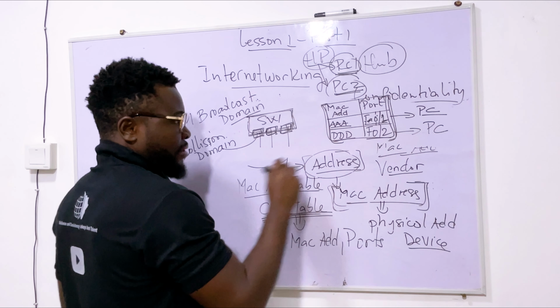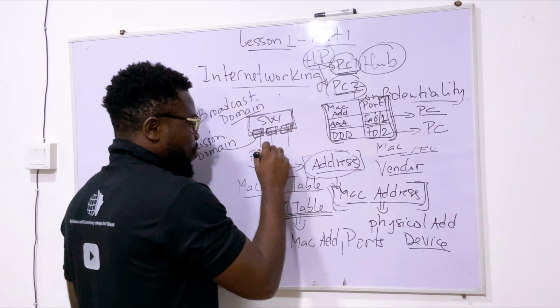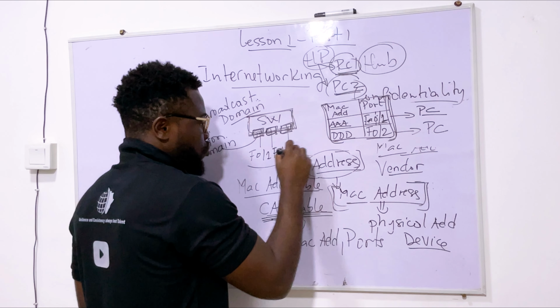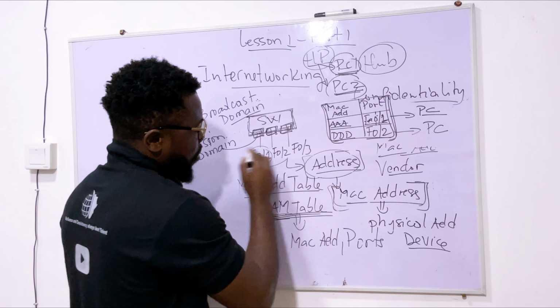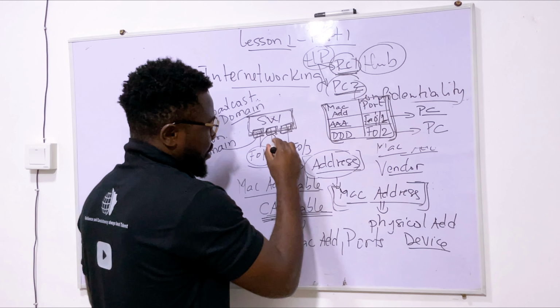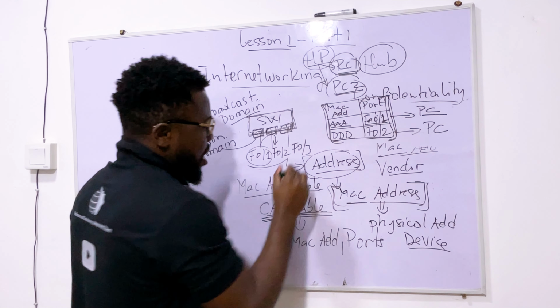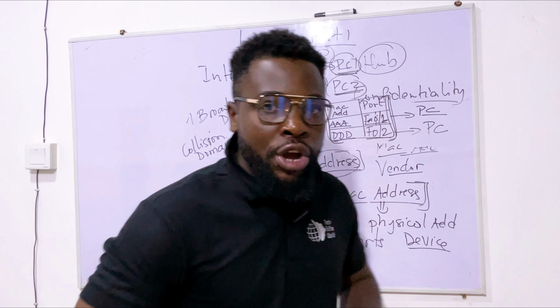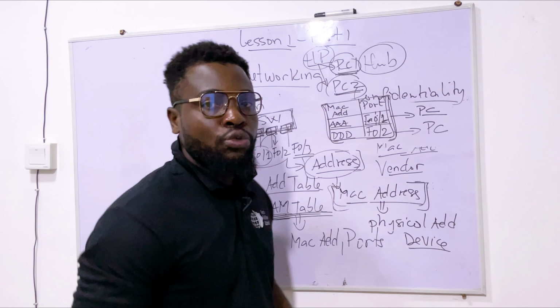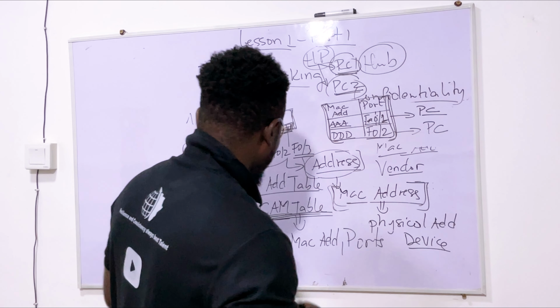Let's assume this is F01, F02, F03. So if F01 sends a message to F02, F03 is not going to be aware of what is going on. So the communication is between two people.